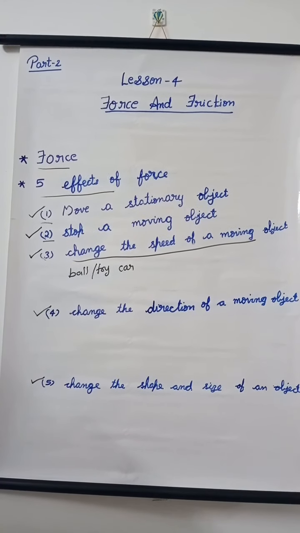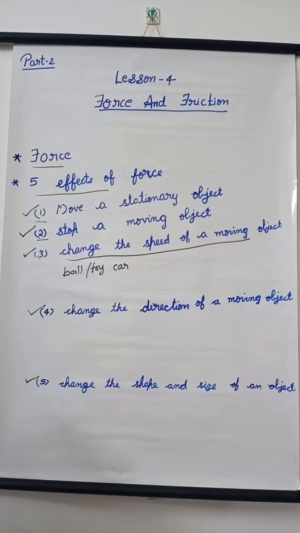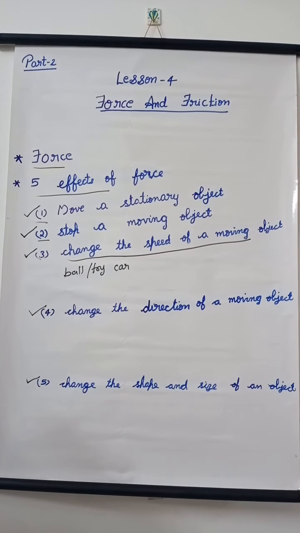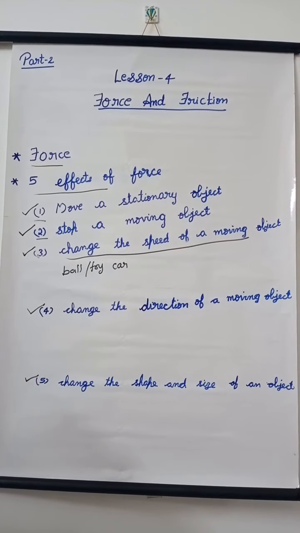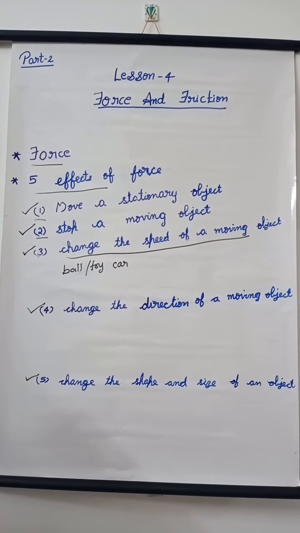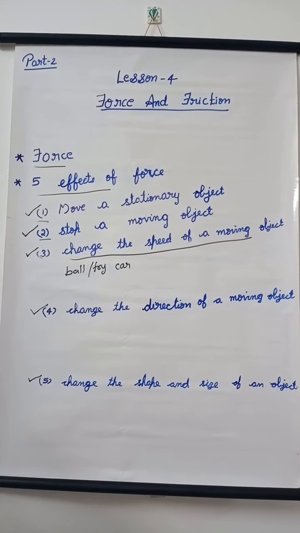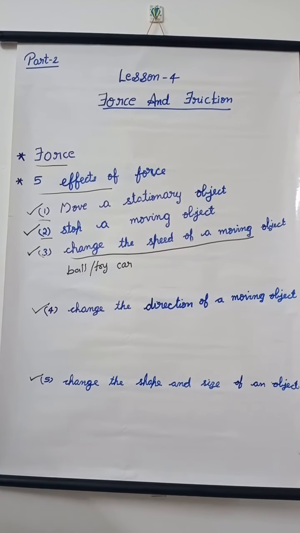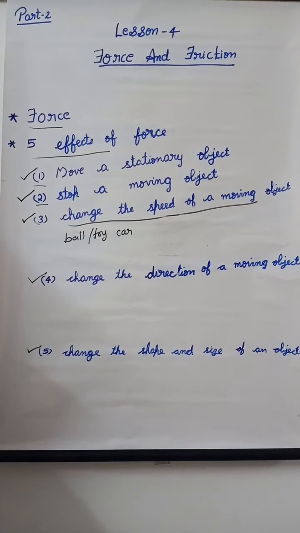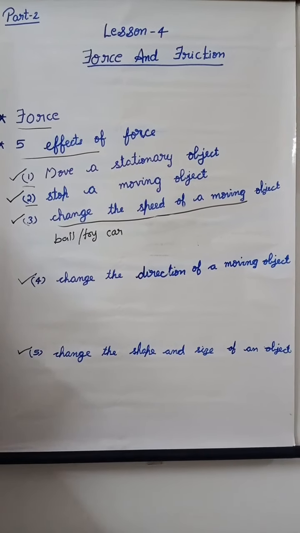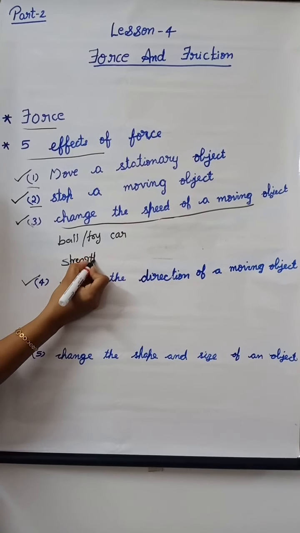If you want to increase the speed of the ball or toy car, what will we do? We will be applying or pushing it strongly, right? And for decreasing the speed, we will be applying some force in the opposite direction by keeping our legs or hands on the ball or the toy car. That is, the speed of an object increases or decreases depending upon the strength and direction of the applied force.